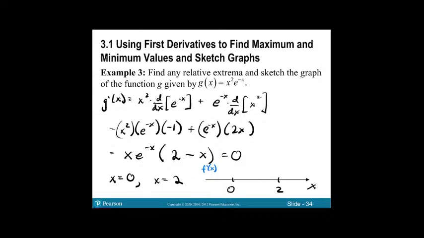If we plug negative 1 in, this is going to be positive, this is going to be negative, negative times positive times positive, so it should be negative. So f prime is negative, so the original function should be decreasing.